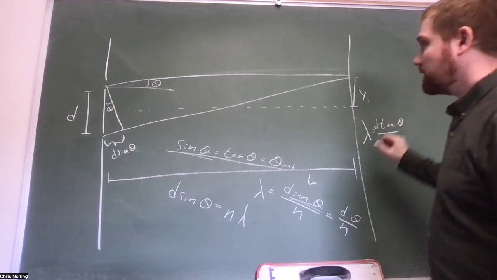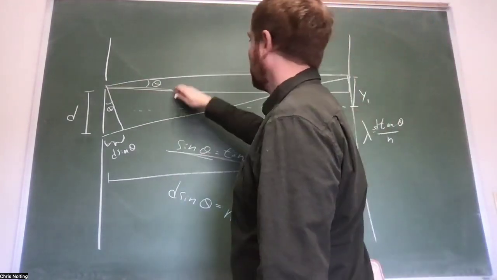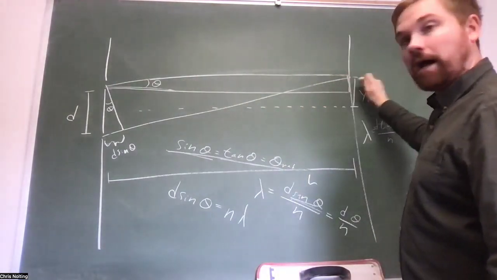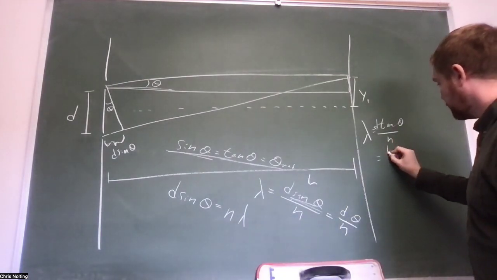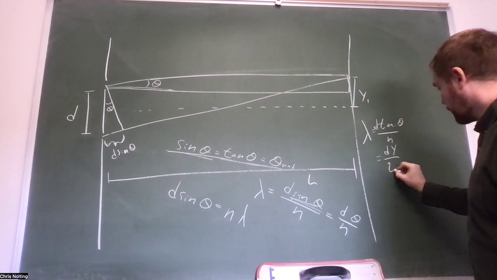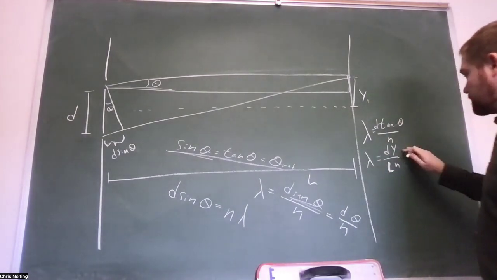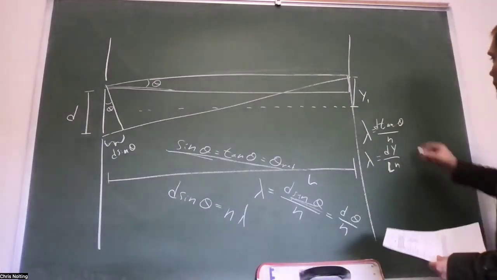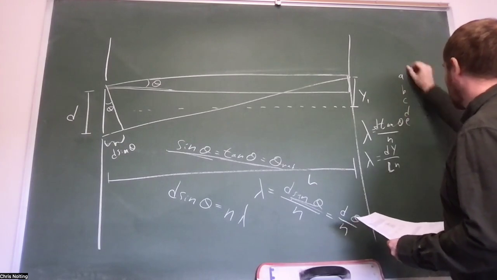And tangent theta, if I draw this big triangle, is opposite over adjacent, so y over L. So then I could say that lambda equals d y over L times n. And then I would just plug in all these values, and in this case, I would get something like A, B, C, D, E.